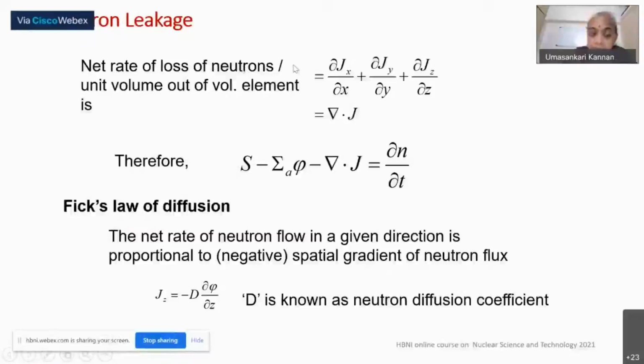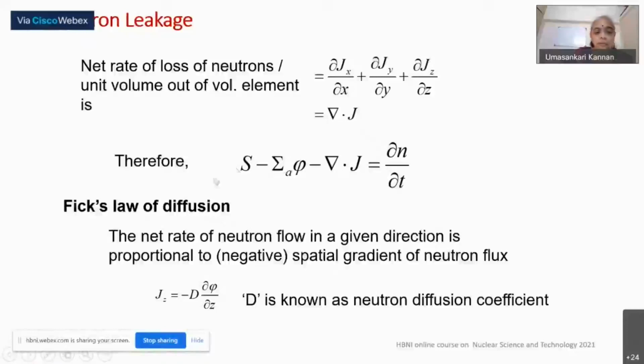So the net rate of loss of neutrons in the whole volume will come from all three components, that is Jx, Jy and Jz, which is given by ∂Jx/∂x, ∂Jy/∂y and ∂Jz/∂z. So this quantity is nothing but the divergence of J. This divergence of J will give me the net neutron leakage from the volume.